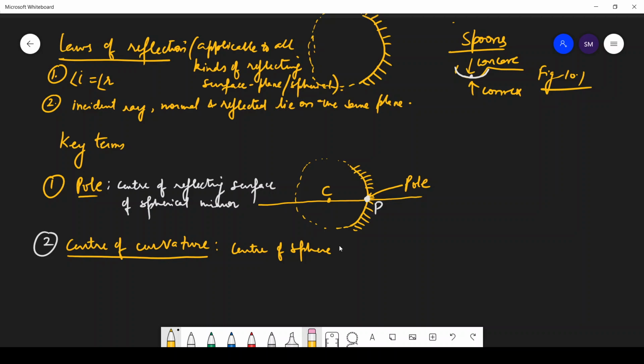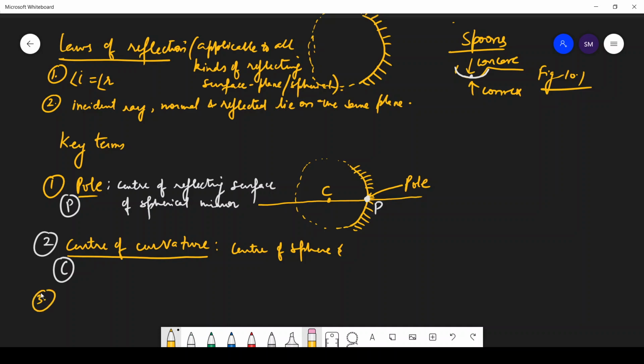So how do you get this sphere? This sphere is actually this reflecting surface. If you complete this reflecting surface, you'll get the center of the sphere, and the center of the sphere is the center of curvature. So we represent pole with the letter P, and center of curvature with letter C.